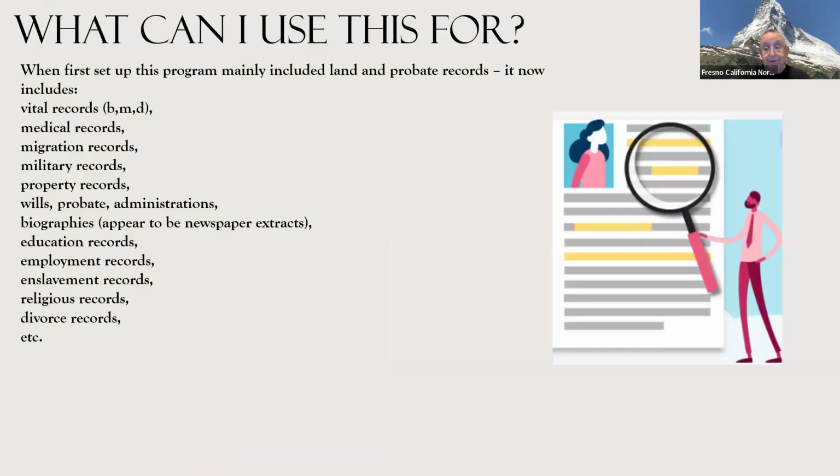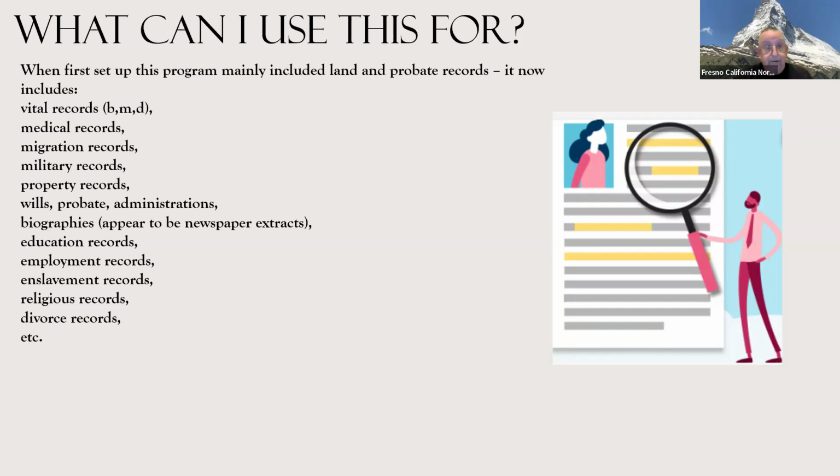So now what kind of things do we show on these? Remember I said when I first started, there were only about 4 records. Most of them pertained to wills or probate records and land records. But now you're going to start seeing vital records in there: birth, marriage, and death records.